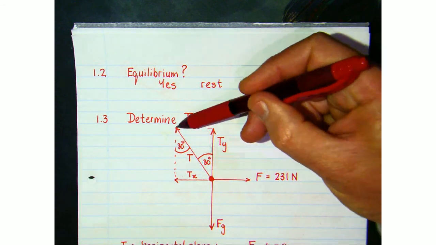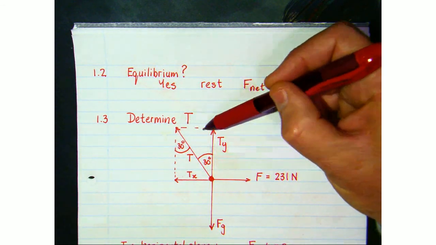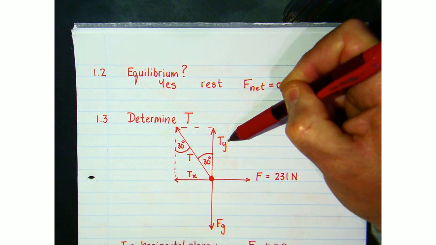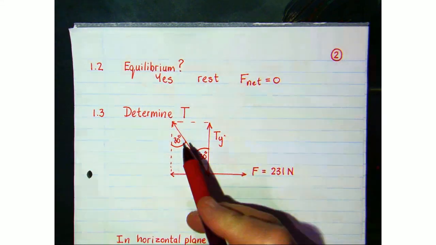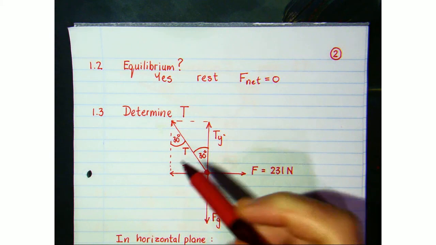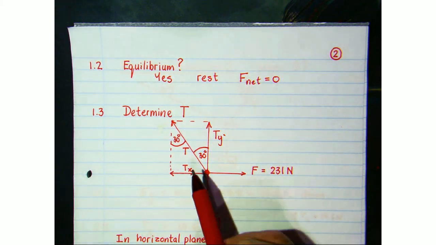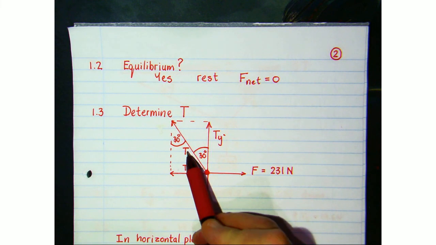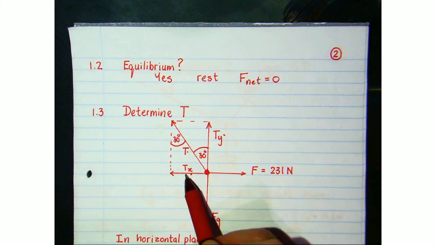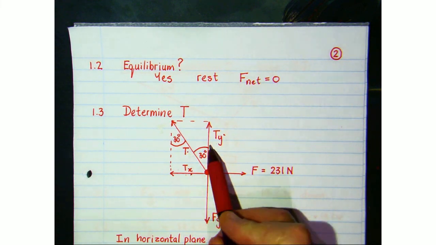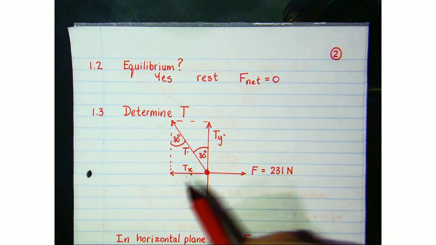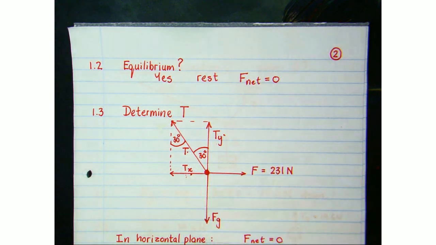We need to resolve it. We need to find its vertical component and drop a perpendicular down and find its horizontal component. So we need to resolve this tension force into its two components, one in the vertical plane, one in the horizontal plane, and then we can solve the problem.